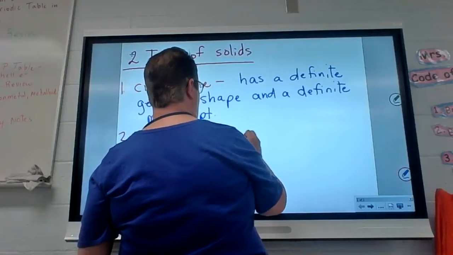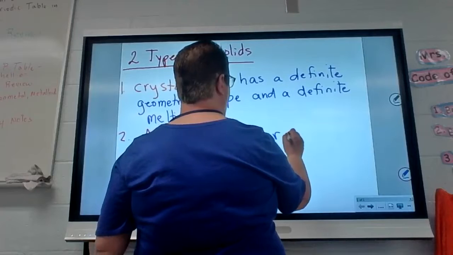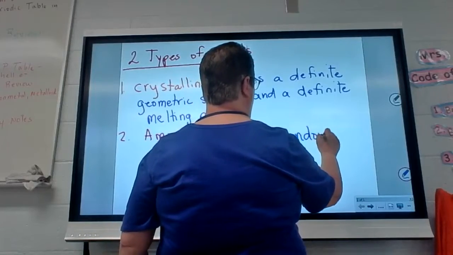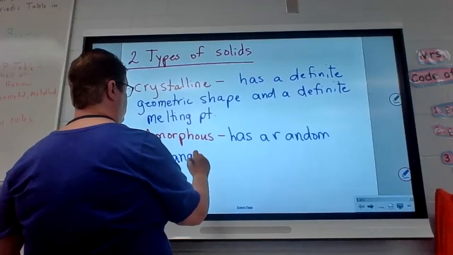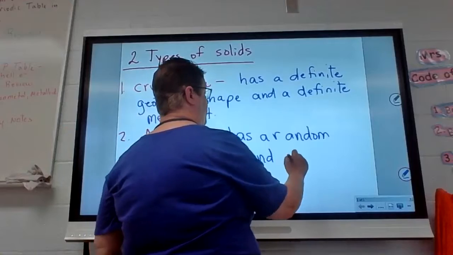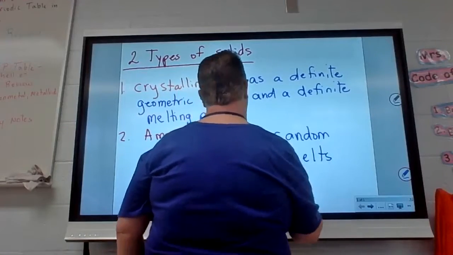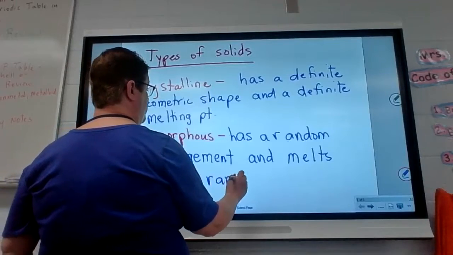An amorphous solid has a random arrangement and melts over a range of temperatures.